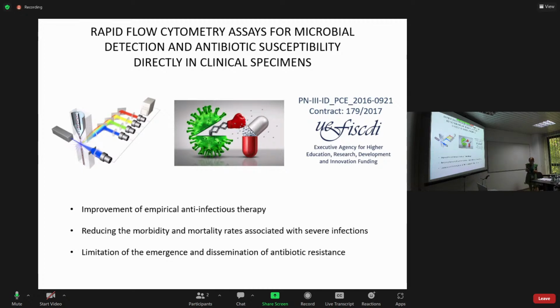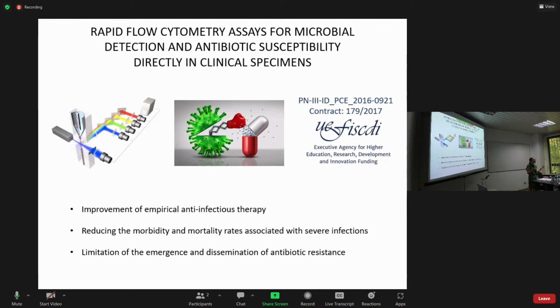And this was the starting point to move a little step further and try to bring a small contribution to the standardization of a rapid method to detect these resistant bacteria in clinical samples, being convinced that this would mean something for the improvement of the empirical anti-infectious therapy.